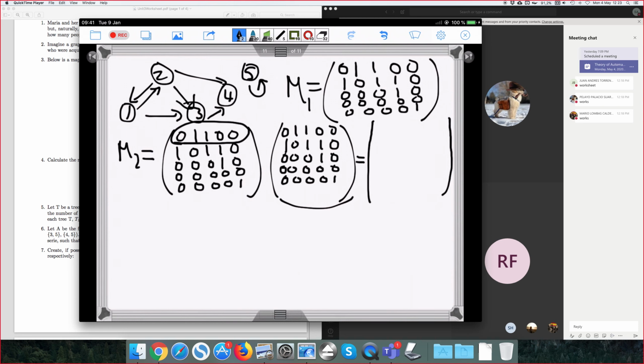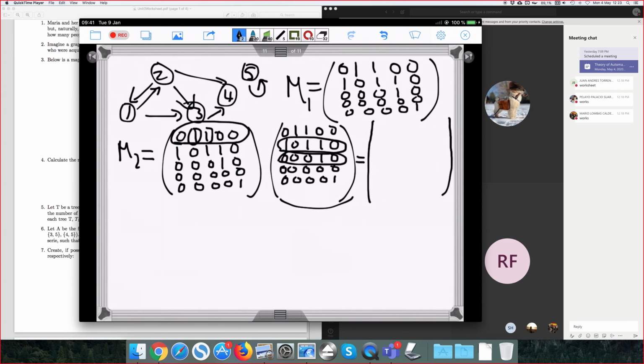And this one here is going to multiply this row here, while this one here is going to multiply this row here. So what I'm doing when I'm multiplying that row times that matrix is summing up the second and third row, because I have a 1 in the second and third position. So I can do it more quickly if I just focus on the ones and on the rows that the ones are affecting.